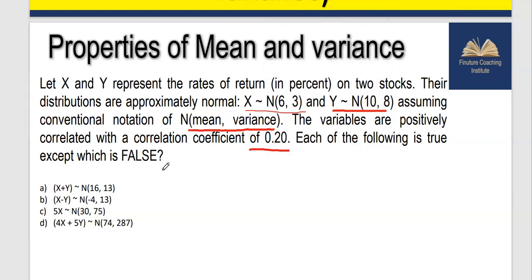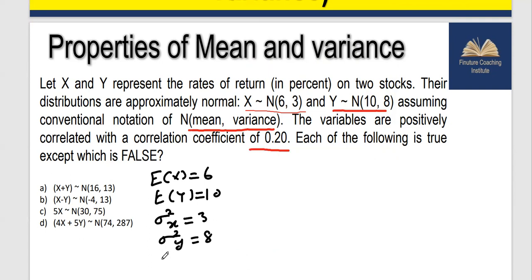Firstly, we have been given the expected value of x as 6, the expected value of y is 10, and the variance, that is sigma square x, is 3, sigma square y is 8. The correlation coefficient between the two random variables is 0.2. We have been asked to find out which of the options is false. To calculate this, we will use the properties of mean and variance.